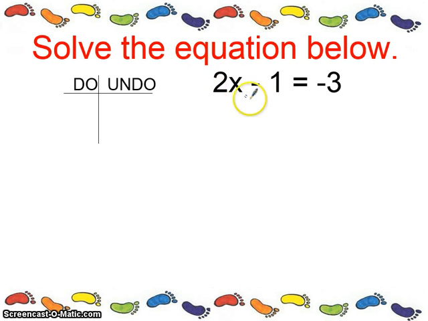So our next equation says 2 times x minus 1 equals negative 3. We need to write a do and undo chart for our algebraic expression, which is here on the left, 2x minus 1. x is being multiplied by 2, and then that amount is being subtracted by 1.